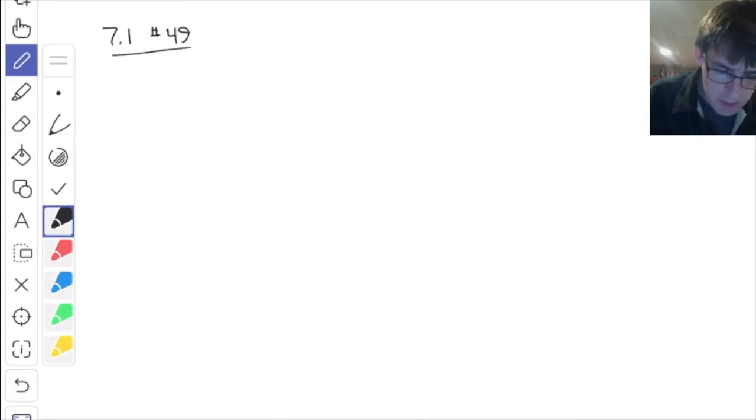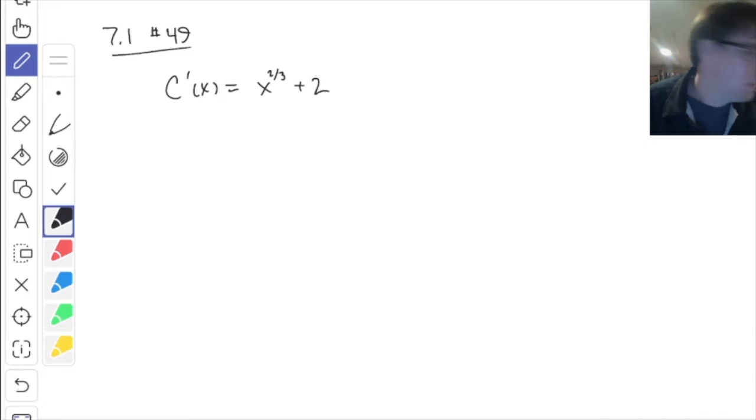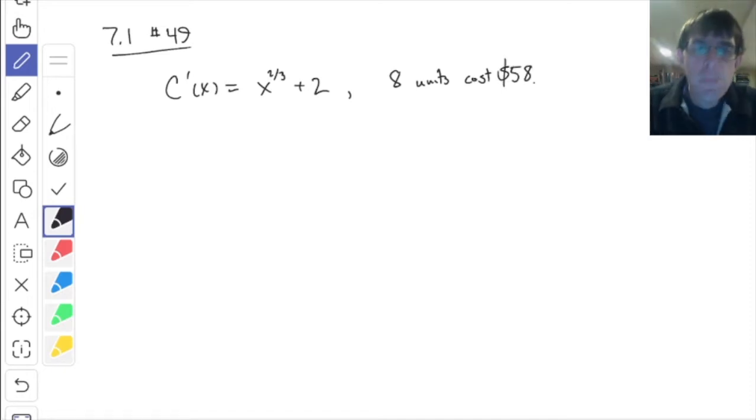It says c prime of x equals x to the 2/3 plus 2, and it says 8 units cost $58. All right. In other words, you could write this way: c of 8. C is the function, which means the cost. The cost of 8 is 58.